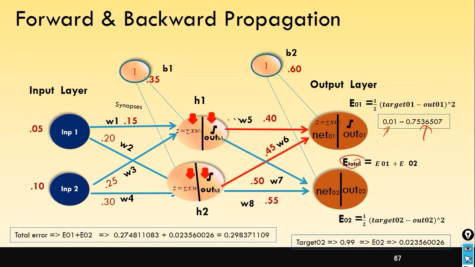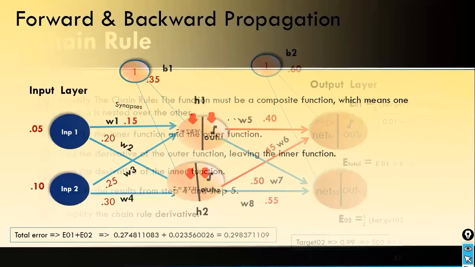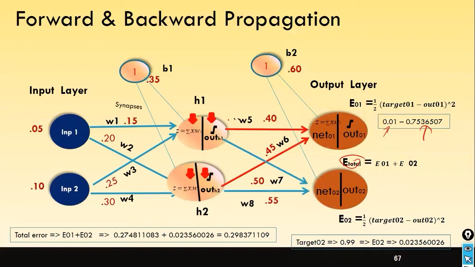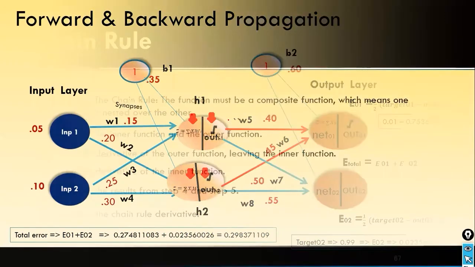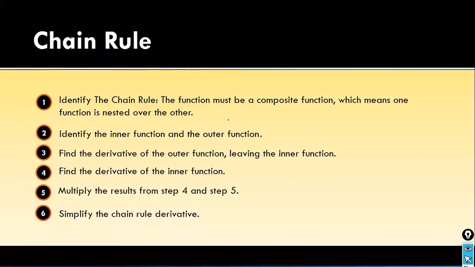Before we jump in here, what I would suggest is we take a look at the chain rule, because you need to be familiar with the chain rule before we proceed with writing the derivative for the gradient descent or back propagation. You should know about this chain rule.